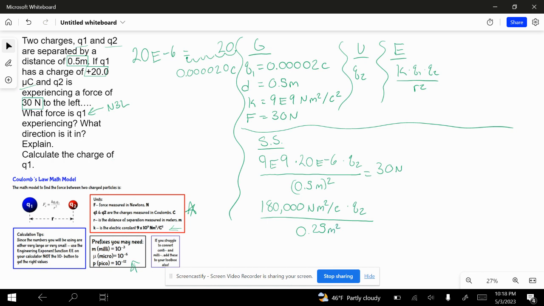So we distributed that squared not only to the value, but also to the units. And that all equals still 30 newtons. So I guess the next thing we're going to do is multiply out that 0.25.